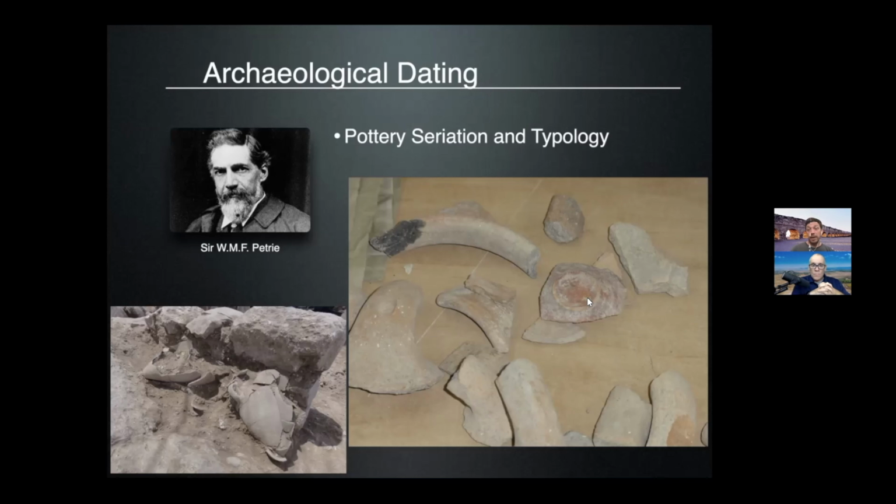And so for the last, again, 140 years or so, we've been doing this and developing and refining this relative chronology through pottery to the point that we can pretty clearly date the materials that we find. The problem with pottery is that it changes slowly oftentimes.